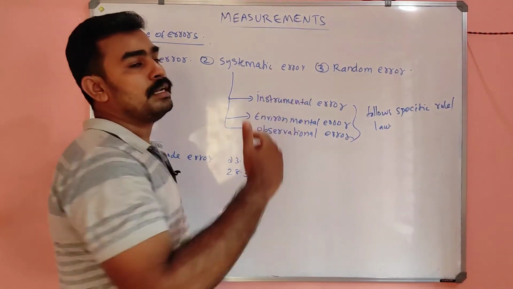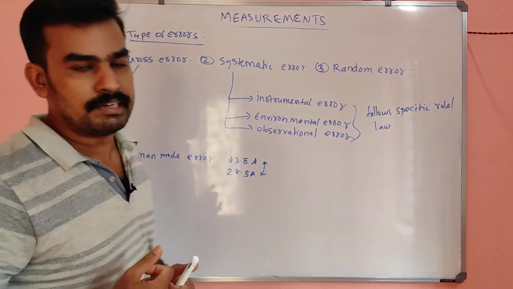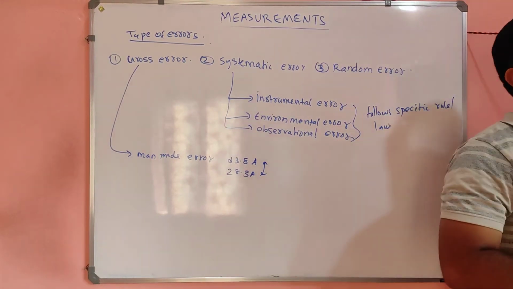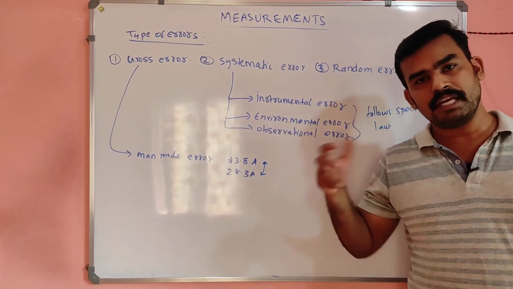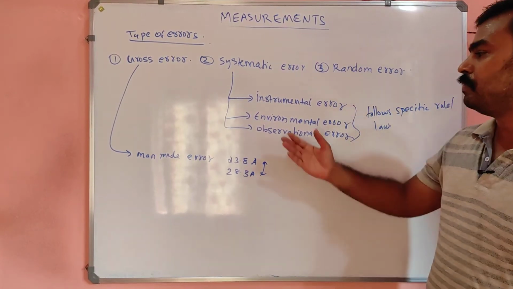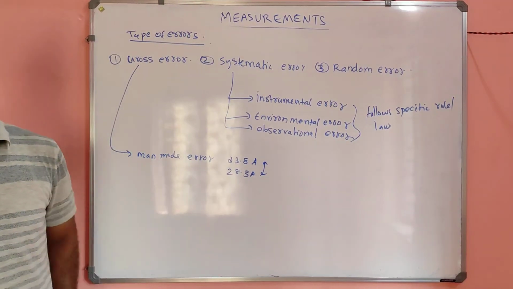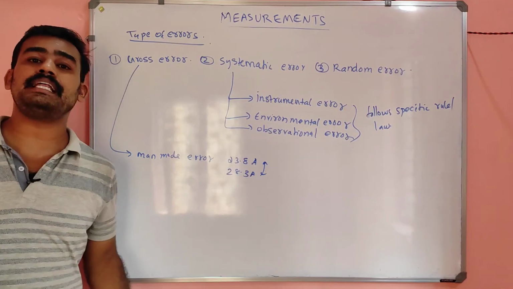Next is environmental error. These are electrical instruments, with winding and magnets inside. Due to temperature variation, the winding resistance may vary.